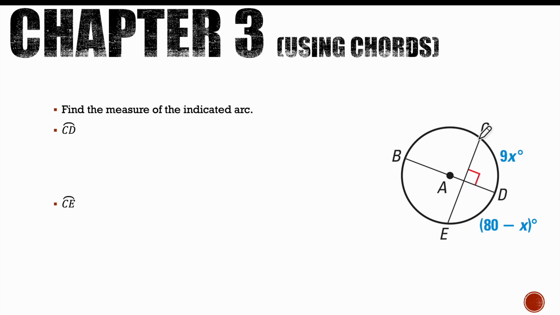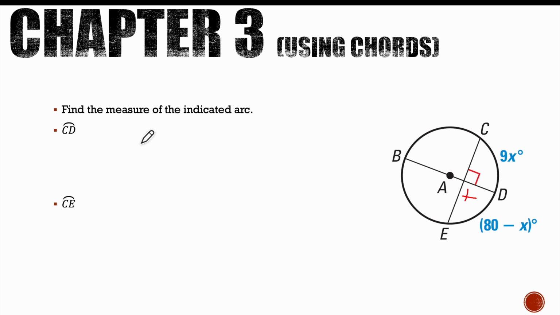Because this is a diameter, and the diameter is cutting CE into two equal parts, so this has bisected. If I call it X, then CX and EX are equal because it's a diameter cutting the chord by 90 degrees, which means the measure of CD and the measure of DE will be equal.